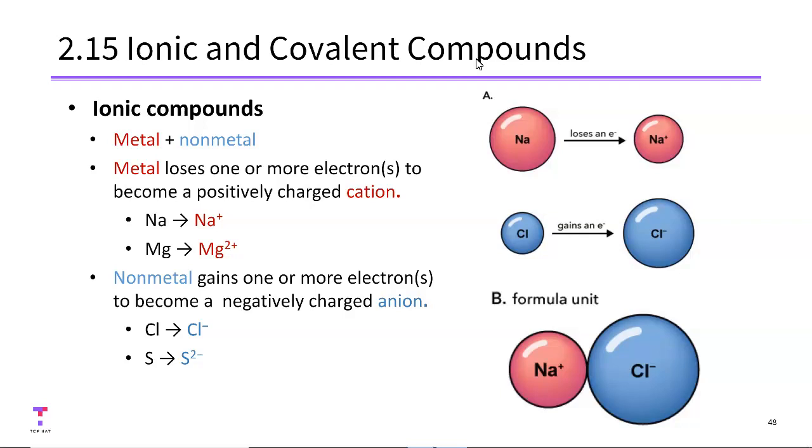The reason it would form a positively charged ion is because it's got some place for that electron to go. And so in the process of creating this compound, what we see is electronic transfer taking place: metals giving their electrons to non-metals, and in the process, those metals become positively charged and those non-metals become negatively charged.